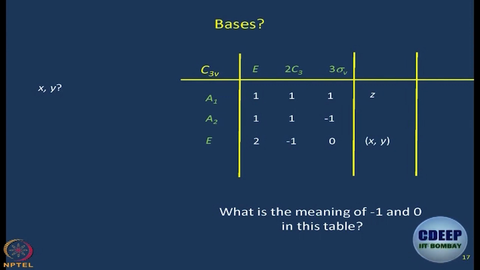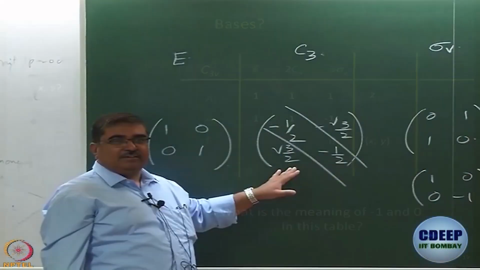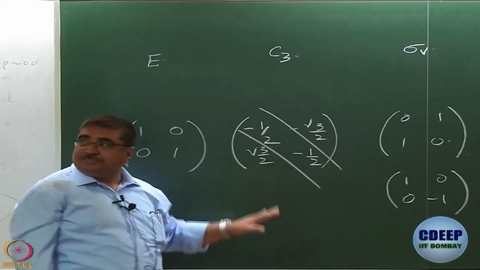This minus 1 just means that a function becomes minus of itself. That is not what it means here. When it is 2 dimensional, this minus 1 has a more complicated meaning, and the meaning becomes apparent if you look at the matrix, alright.